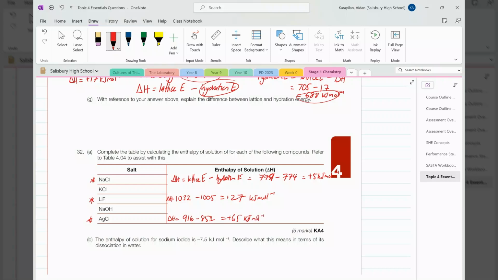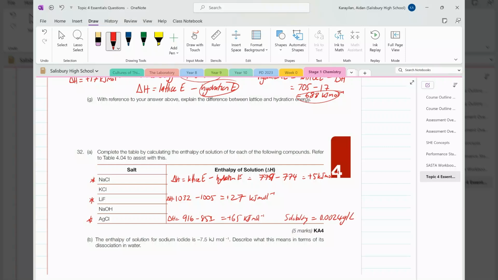Now, I'm going to super quickly look up on my other computer to find out the solubility of AgCl. The solubility of AgCl is equal to 0.0024 grams per liter.